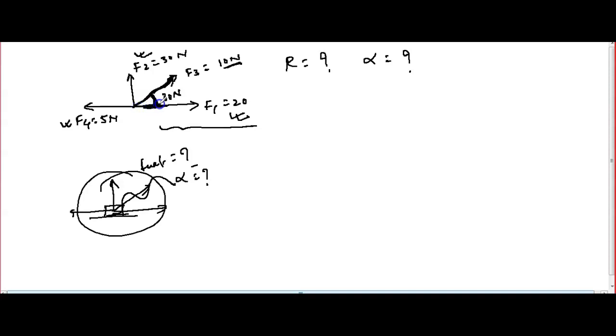So this theta is given along with this horizontal, so this part will be cos theta. So you can write this one, 10 cos of 30. This is one component, and the opposite perpendicular will be 10 sine of 30.